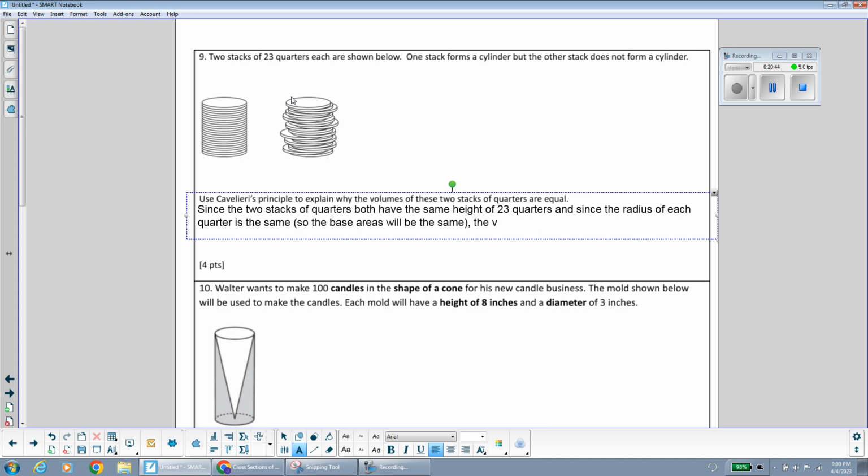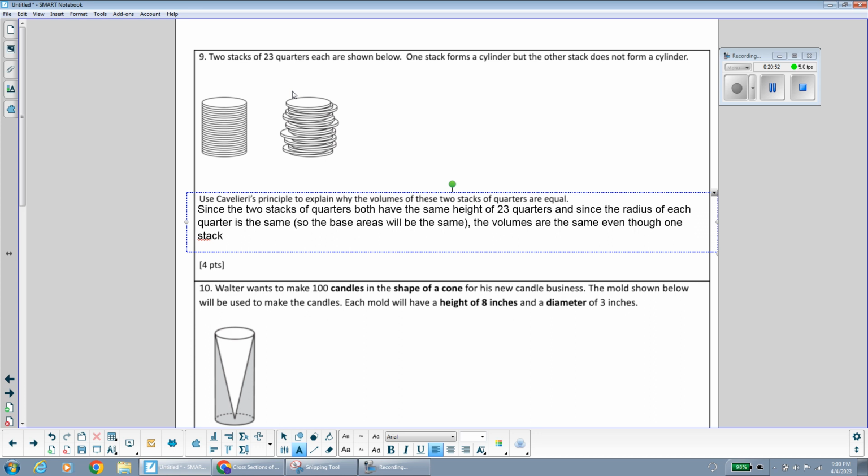The volumes are the same, even though one stack forms a cylinder and one doesn't.